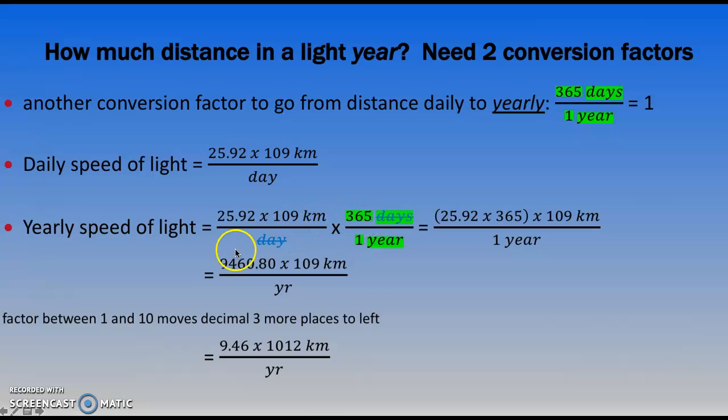And I am left with basically 26 times 365 times 10 to the 9th kilometers per year, which equals basically 9,500 times 10 to the 9th kilometers per year. But I don't really like the 9500 because there's too many zeros.